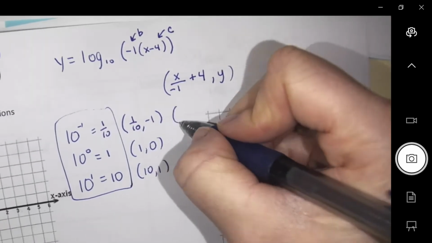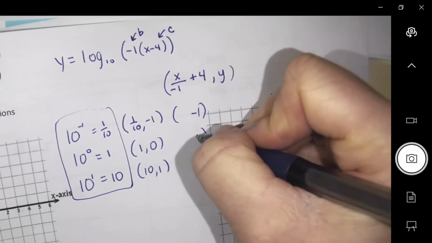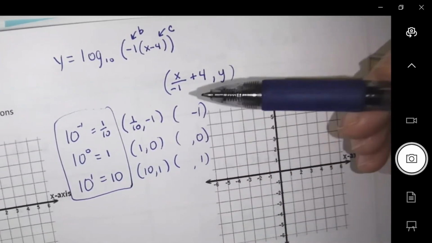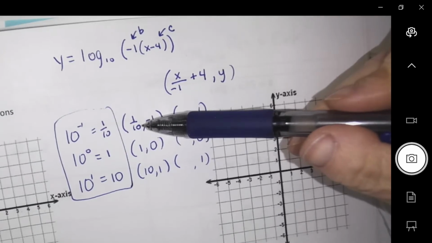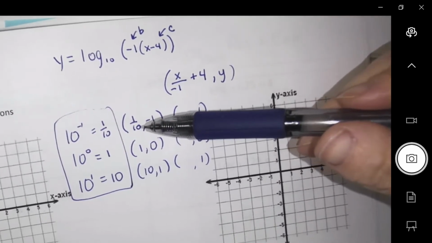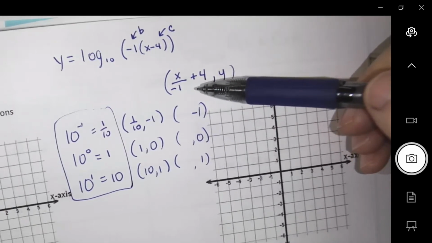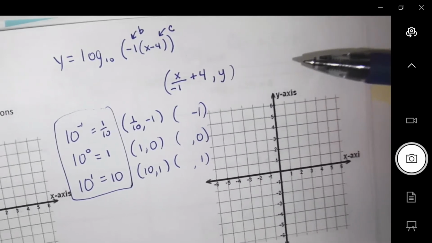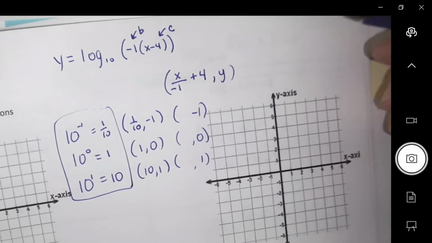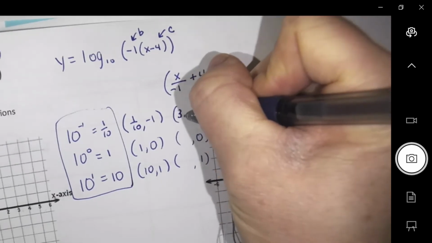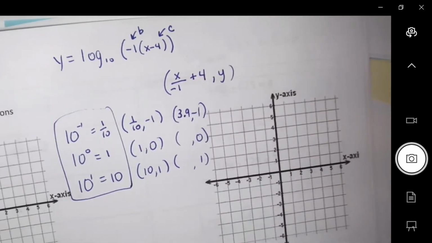So what are your coordinates going to become? Without your calculator, what is negative 1/10 plus 4? Think of 4 minus 1/10, which is 3 9/10.